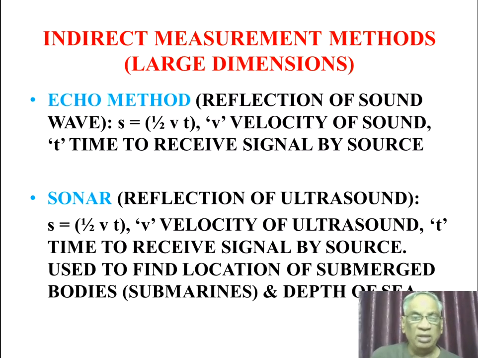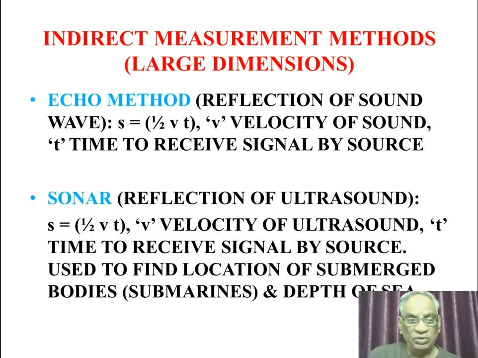Here also the ultrasound is created, it goes under the sea and then reflects back from the object and is received by the source. So again the depth of the sea or whatever it is, or the submerged body, can be given by half of velocity into time. So this is how the depth of the sea can be estimated.